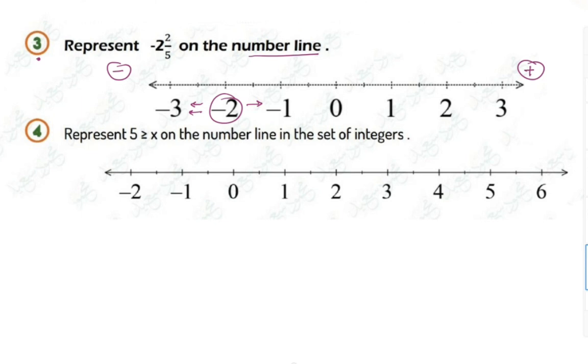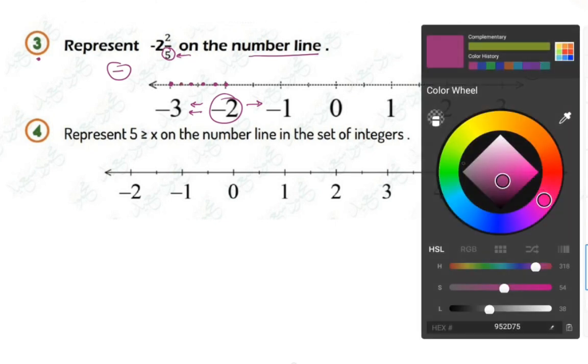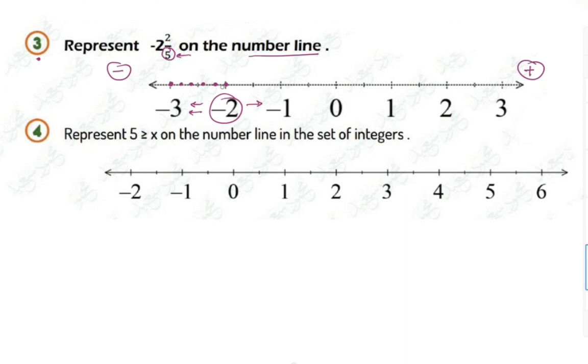Okay, you have 2/5. Now you must divide this space between -2 and -3 into how many parts? 5 parts. Like this: 1, 2, 3, 4, 5. Count again with me: 1, 2, 3, 4, 5 parts.